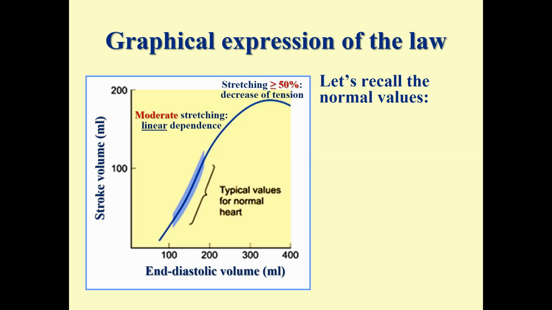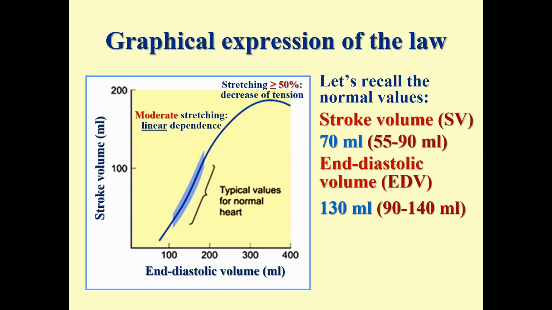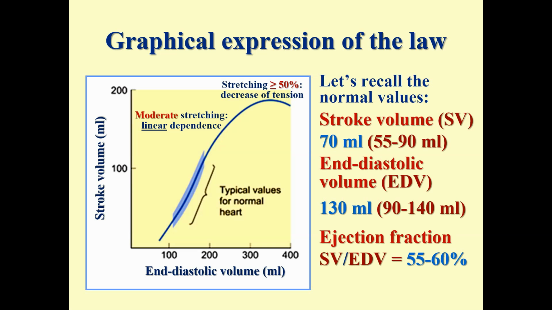Let's recall the normal values, which we already mentioned many times. Stroke volume, average volume is 70 milliliters with a range between 55 to 90 approximately milliliters. Then end diastolic volume, the full volume, is about 120, 130 milliliters on average, and range is from 90 to 140 milliliters for resting state.